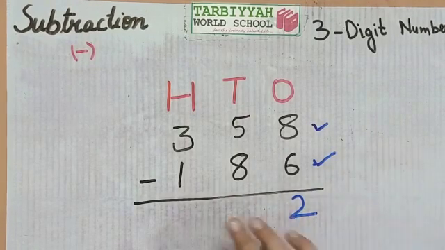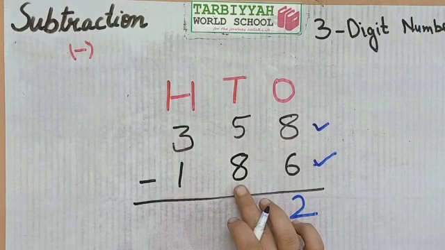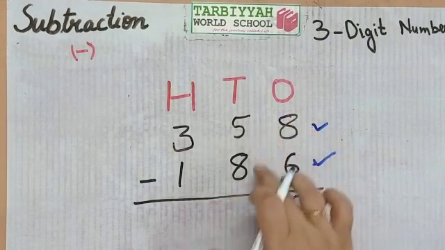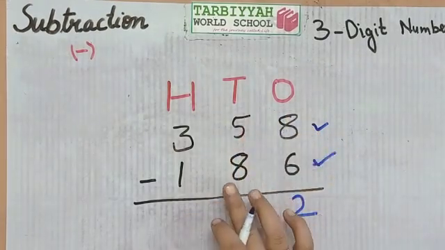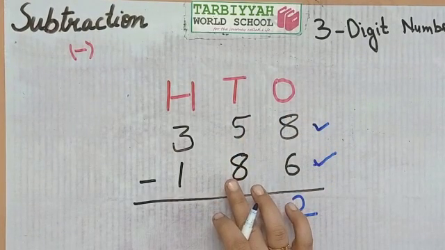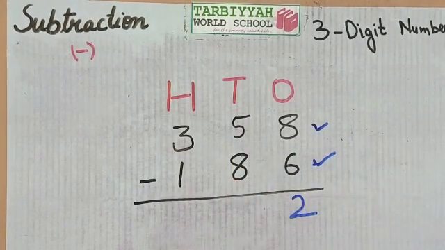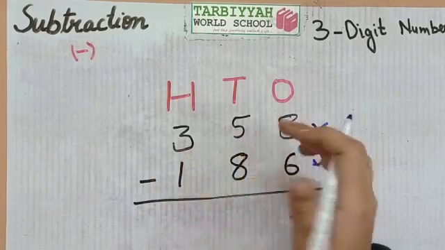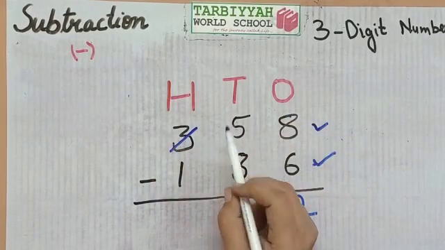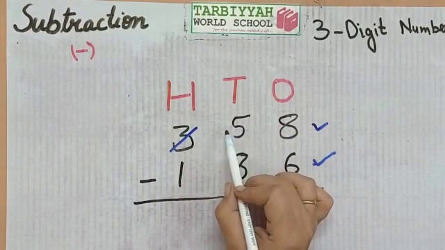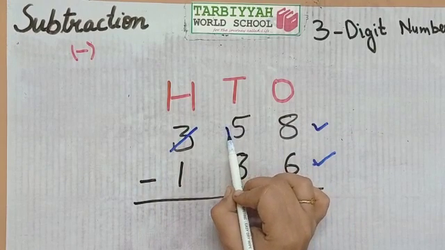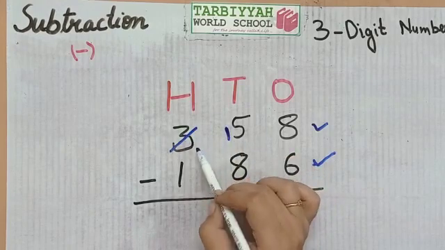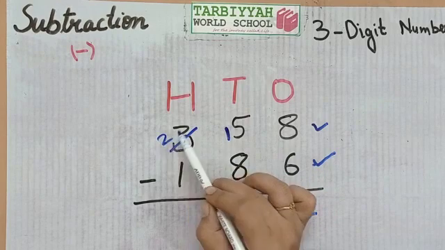Now we have to subtract the tens. Since there are not enough tens, we have to regroup the 3 hundreds to tens. If we give 1 to the tens, 5 tens will become 15 tens and 300 will become 2 hundreds.